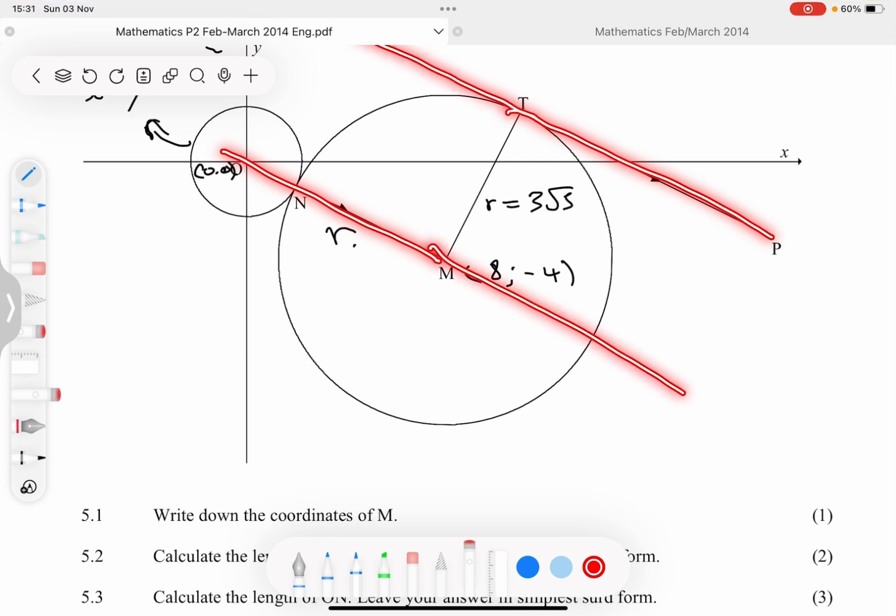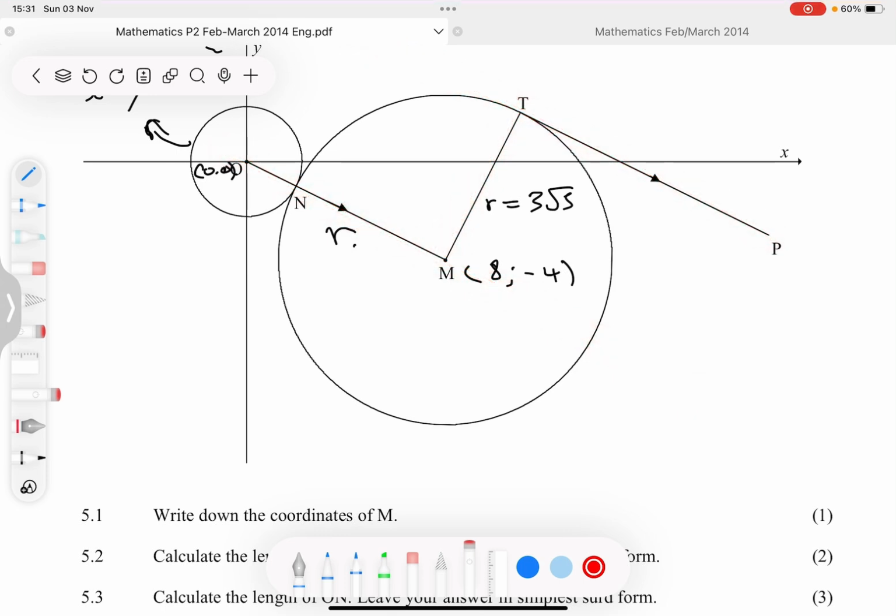So remember, parallel lines, they extend like that. And what this means is that MT is a transversal, a line that cuts between the parallel lines, right? These two parallel lines. And as a result, already you can see that we have an alternate angle, right? Meaning this angle is the same as this angle here, right?